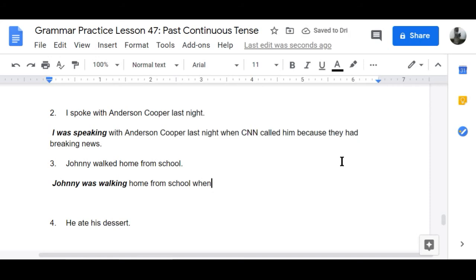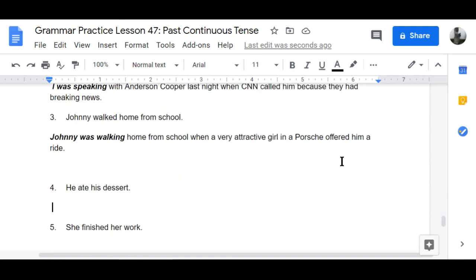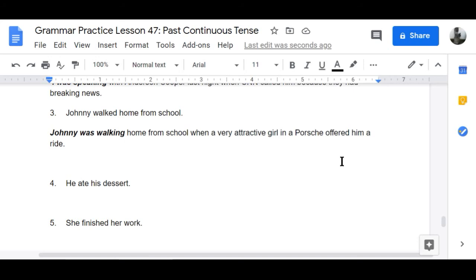Let me see. When a very attractive girl in a Porsche offered him a ride. And he said, oh no thanks, I'm good. 4. He ate his dessert.